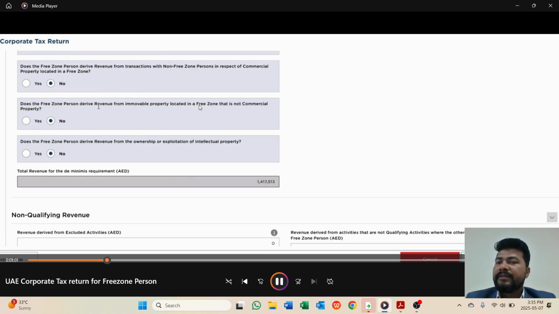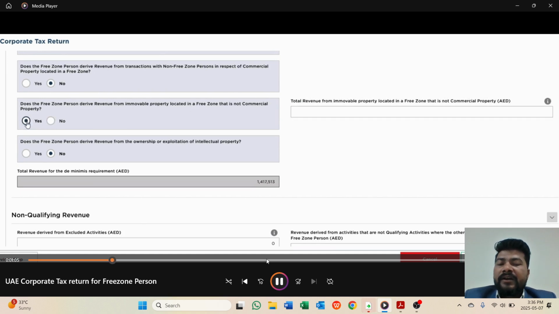Now again, in the case of immovable property that is non-commercial, meaning residential properties, it will always be non-qualifying income. That's why they ask you to put how much non-qualifying income relates to immovable property in the UAE free zone.